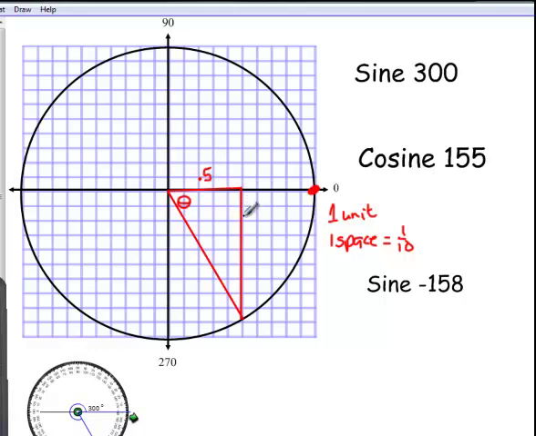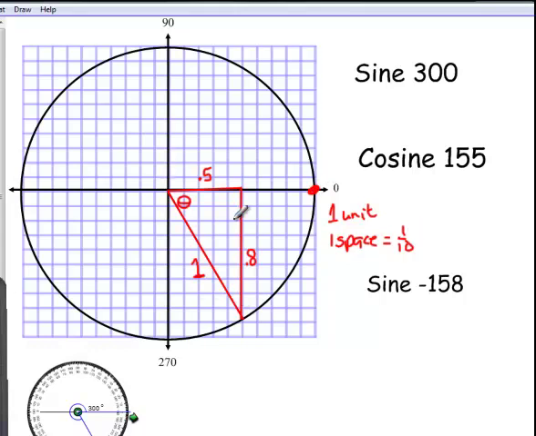And this is 1, 2, 3, 4, 5, 6, 7, 8, and it didn't quite get to 9. So let's call it 0.8 roughly. And then this is 1. This is 1 unit, right? We counted it over and we said 10. So each space was 1/10, so if there's 10 spaces, 1 unit.